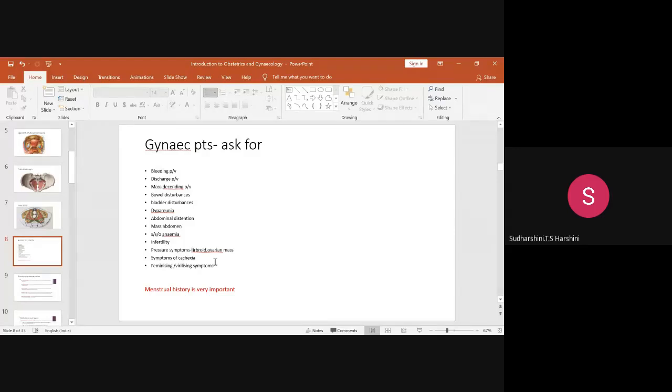Like she'll tell that her voice has changed, she's having hoarseness of voice, her build of the body has changed, and there is hair growth all over the body. So these feminizing or masculinizing symptoms are seen in feminizing ovarian tumor and masculinizing ovarian tumor. Symptoms of cachexia I already told when you suspect CA. CA means cancers. Infertility, and anemia.